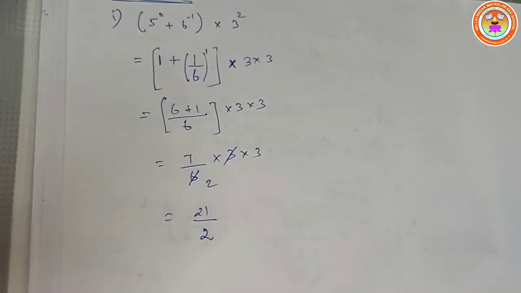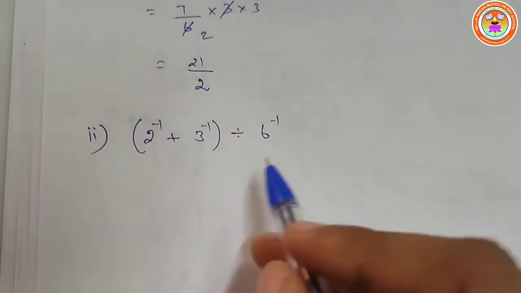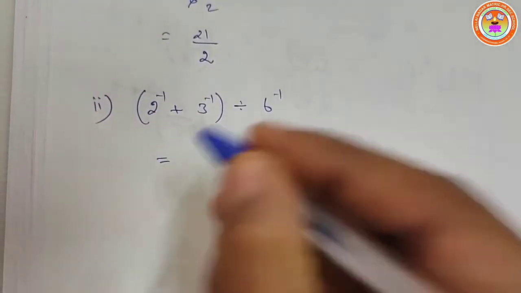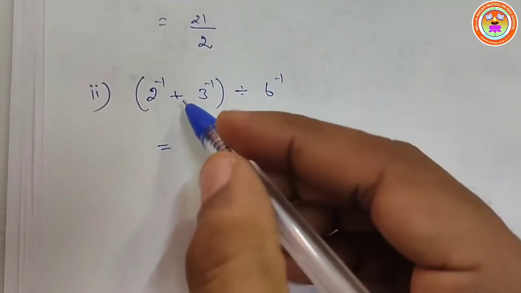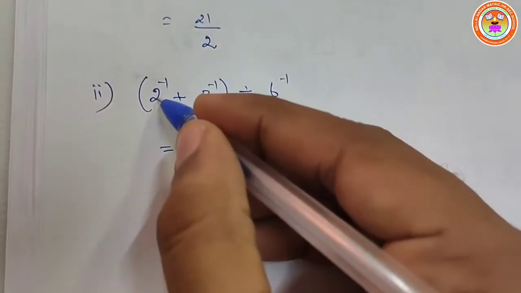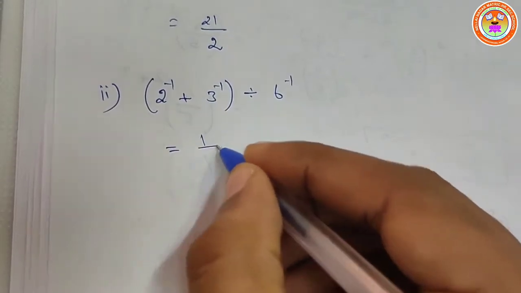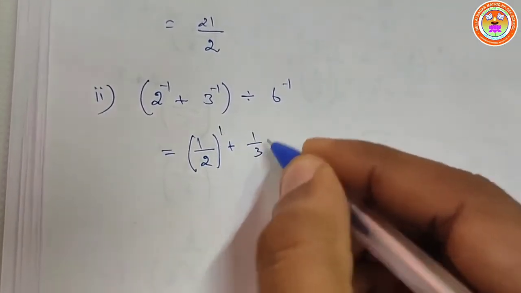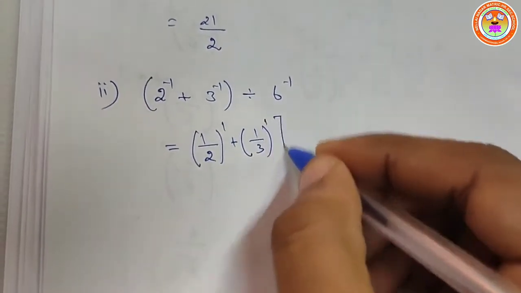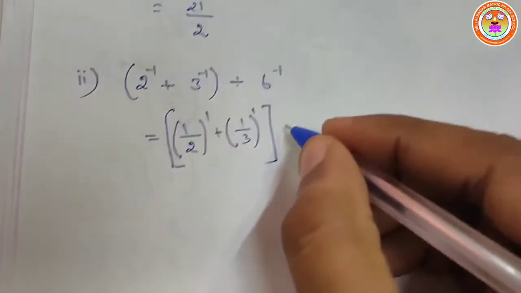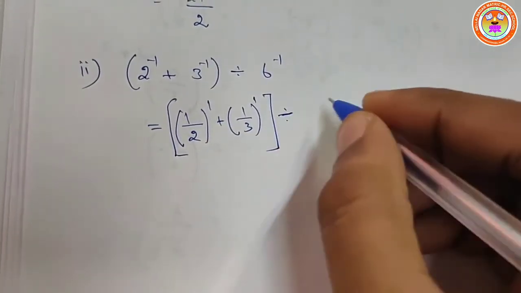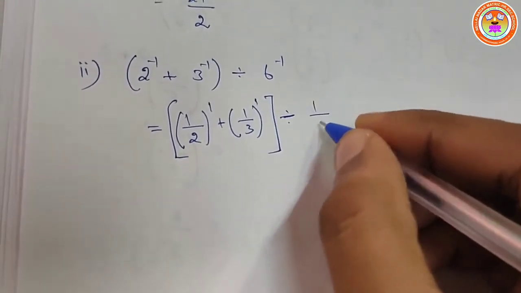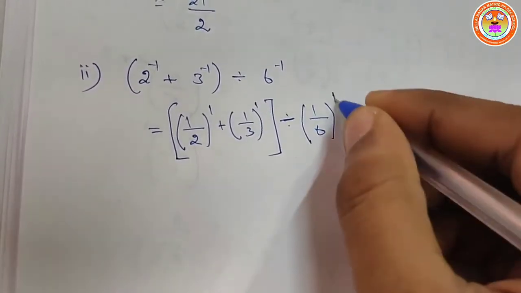Copy down, children. Here you can write the power is minus 1. So therefore you have to write that 1 by 2 power 1 plus 1 by 3 power 1 divided by 1 by 6 power 1.